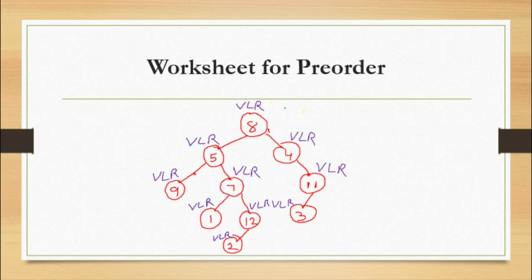Whenever we traverse the root, we need to write that here. So here I am initially starting with the 8, that is the root. So when I traverse to the root, I need to cut this and I need to write it here.